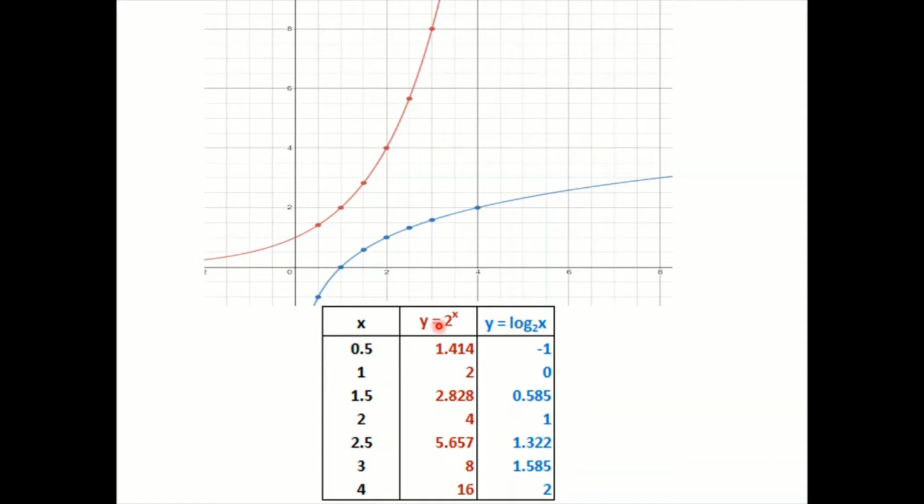So if we have a look at the exponential function first, we can see, as we saw on the previous slide, where x equals 1, y equals 2, and then with the logarithmic function, where x equals 2, y equals 1. With them being the inverse of each other. And what that means is when we draw these two graphs, they are effectively the mirror image of each other.